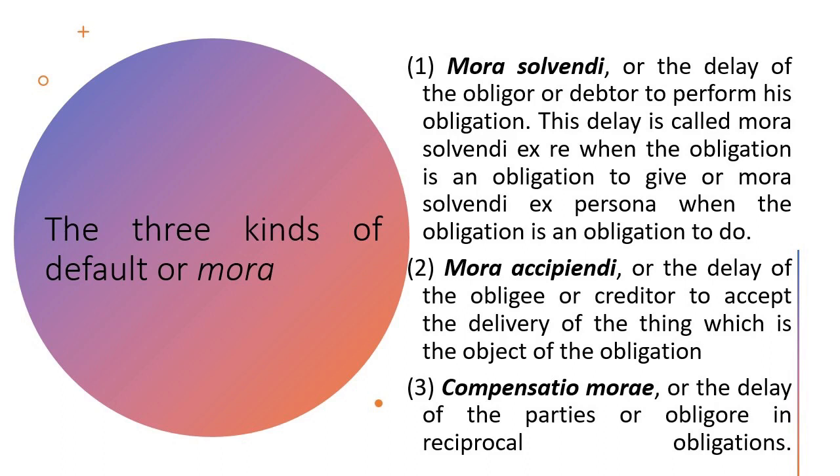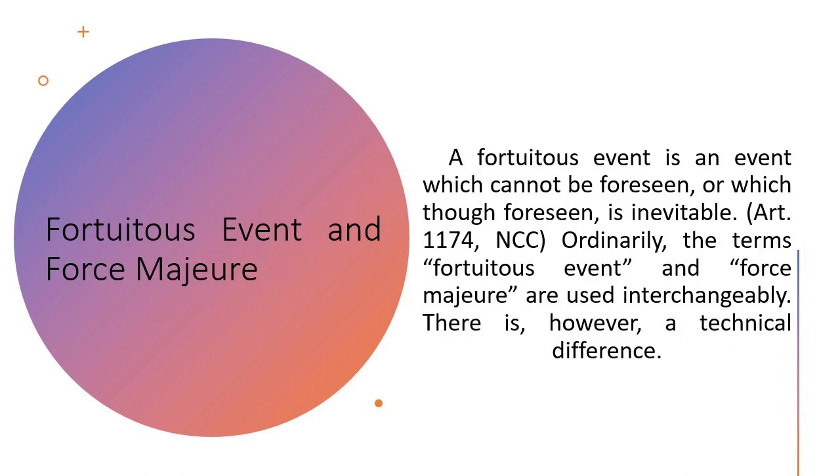Mora accipendi, or the delay of the obligee or creditor to accept the delivery of the thing which is the object of the obligation. And 3. Compensatio morae, or the delay of the parties or obligor in reciprocal obligations.